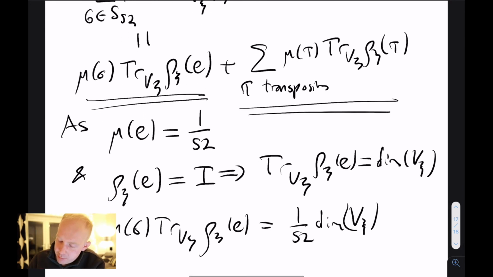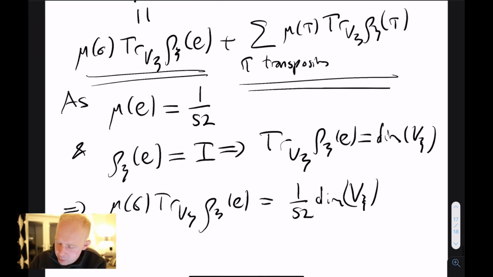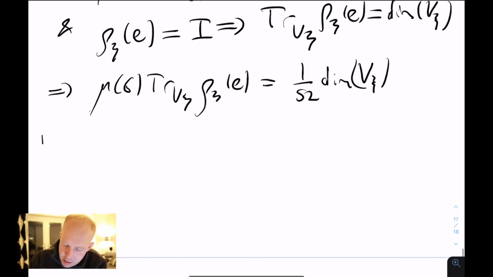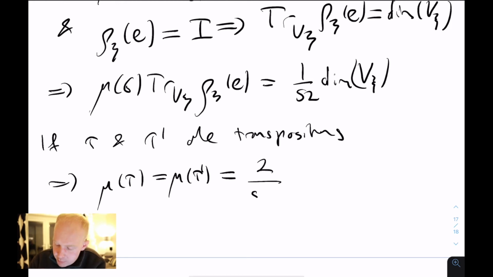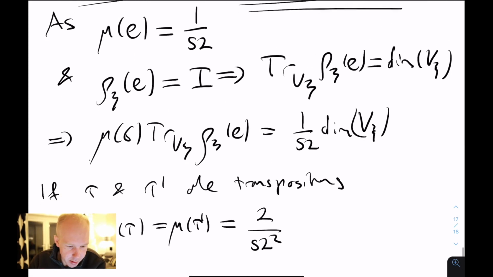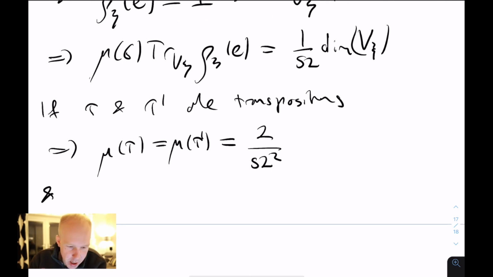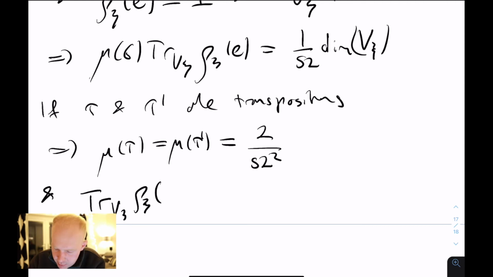And then what about the second term here? How would we analyze this? Well, now you can use the fact that the transpositions have the same measure. If τ and τ' are transpositions, then μ(τ) is equal to μ(τ'), which is 2 over 52 squared. So this is just summing constants. And also, if you have different transpositions, you can prove that the traces of ρ_ψ generate the same number.